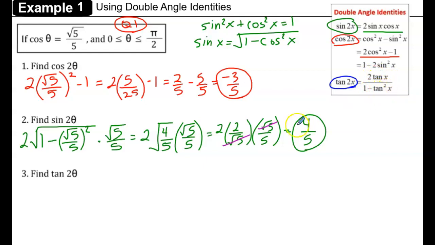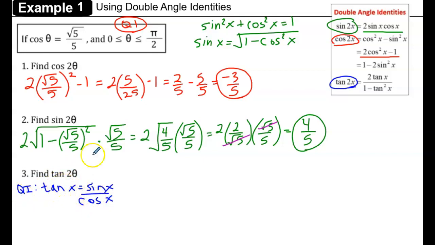And if you recall the quotient identity for tangent, that tells us that the tangent of an angle is equal to the sine of that angle divided by the cosine of the angle. That's one of our fundamental identities, the quotient identity for tangent.